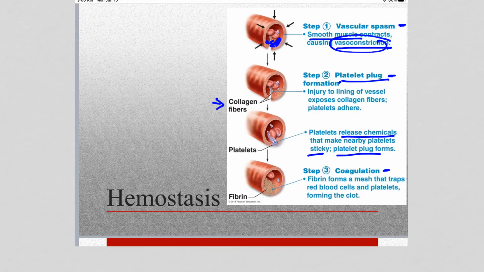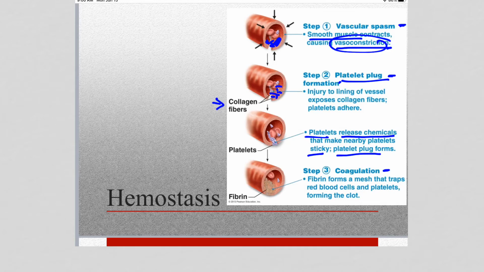The first platelets there release a chemical that attracts more platelets, which become sticky, develop pseudopods, and release a chemical. You keep having that positive feedback mechanism continuing until the platelet plug is formed.